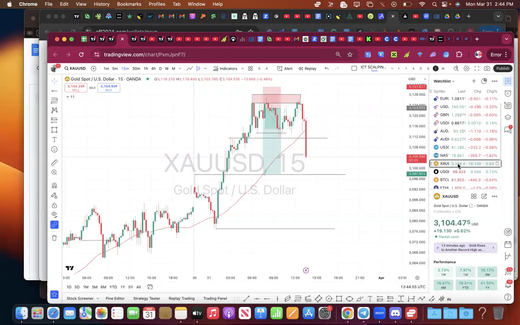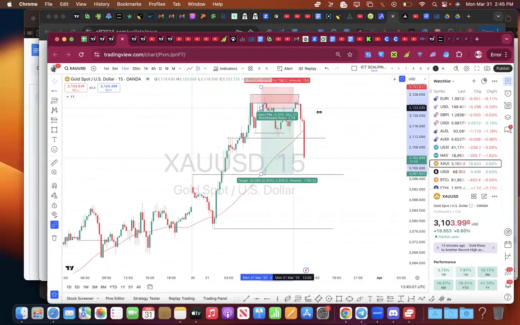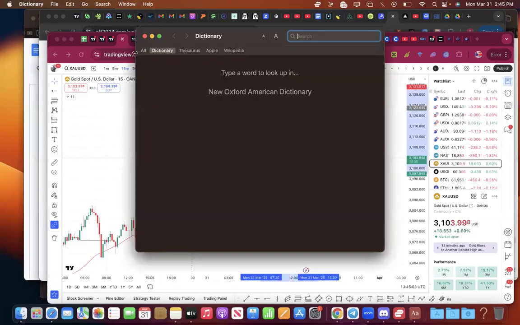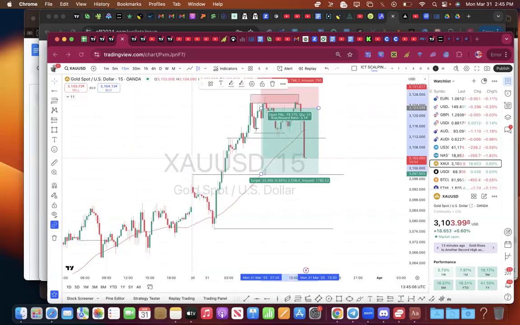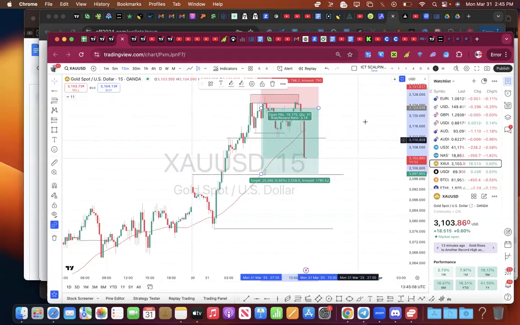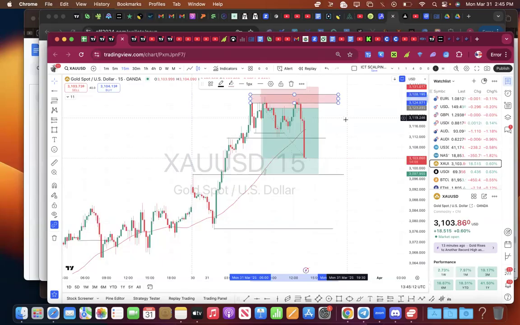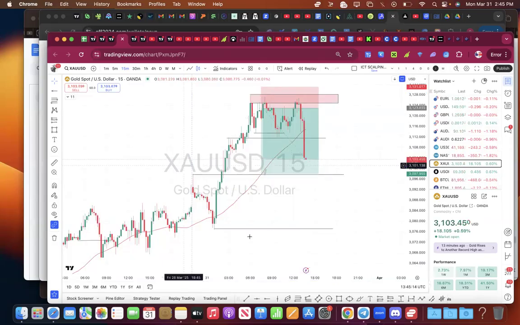Oh my word. Can you see? This is the support and resistance strategy. See the market. Come on. This is crazy, guys.